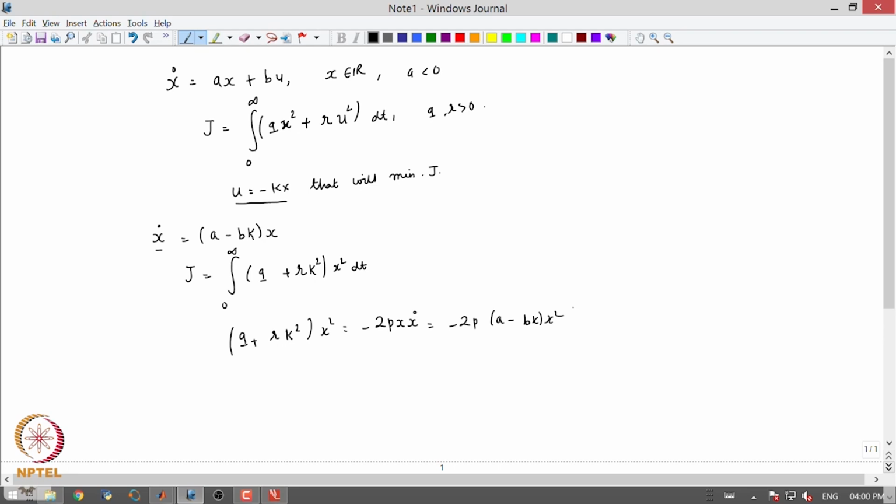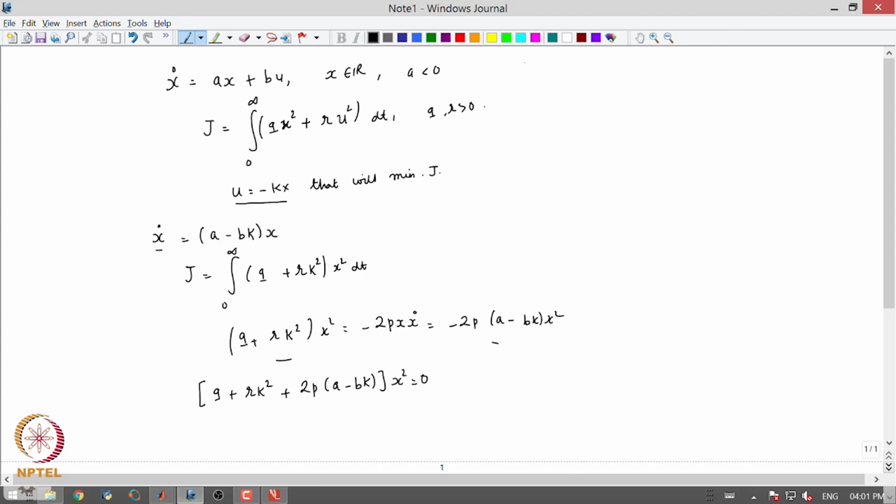Okay. Now I can just rearrange all these terms and I can write this in the following way: q plus r k square plus twice p a minus bk, times x square, is 0. Okay.